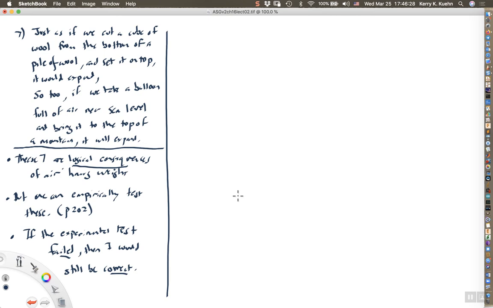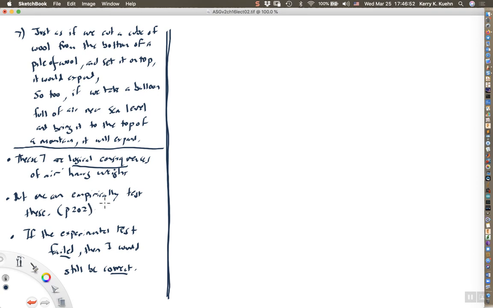He's saying if our experiments fail, we can still maintain this theory. We can just say that our experiments weren't precise enough, or we didn't test them under the right circumstances. I think this raises some profound questions about how science works that I suppose we can talk about another time, but I just want to raise that at this point.